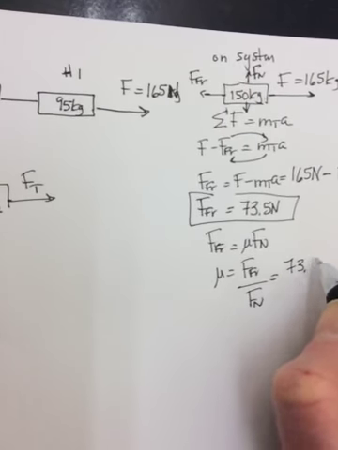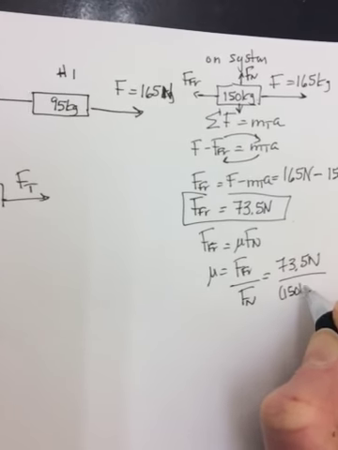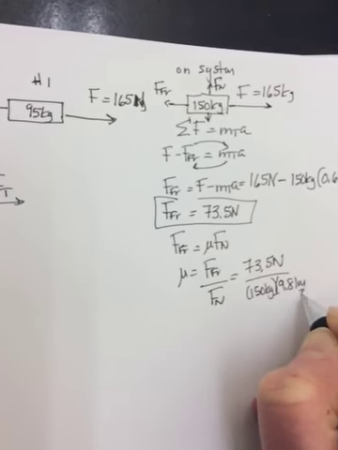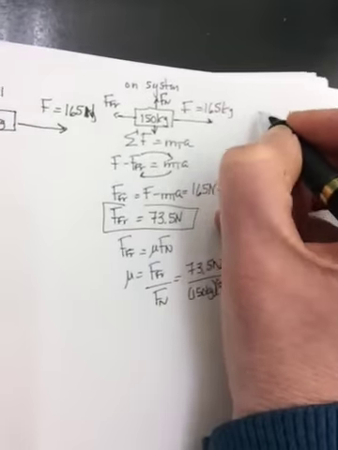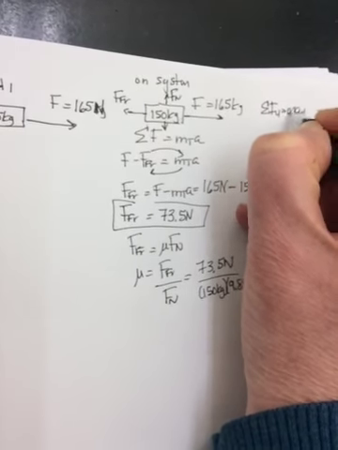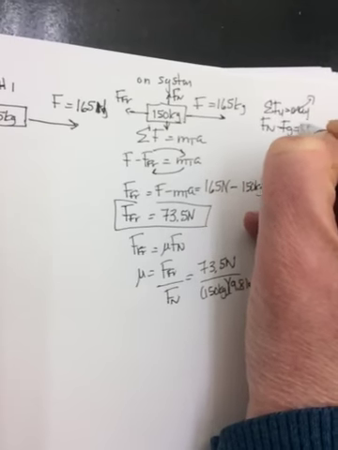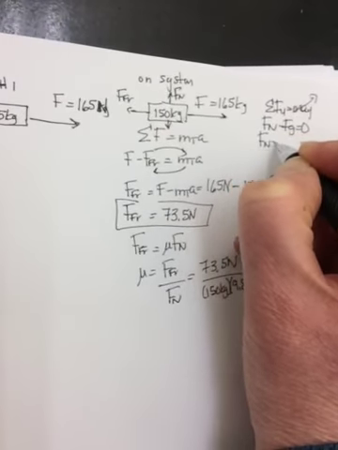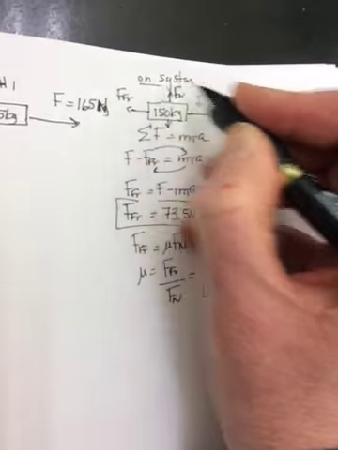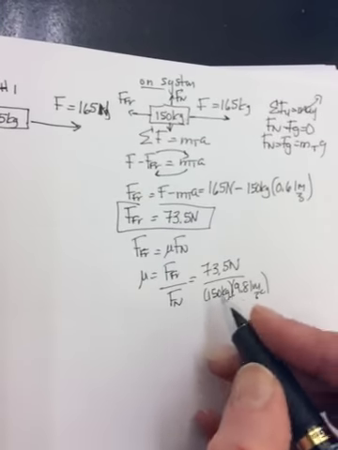So 73.5 newtons divided by 150 kilograms times 9.81 meters per second squared, right? Because really what I did here was sum of the forces in the y direction goes to 0, there's Fn going up, Fg going down, so Fn will equal Fg will equal M total G, because we're doing it for the system. And so I have M total G down here.